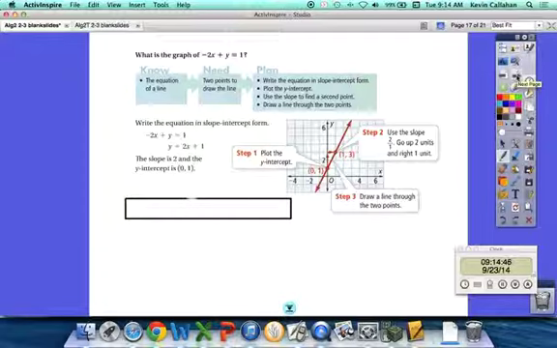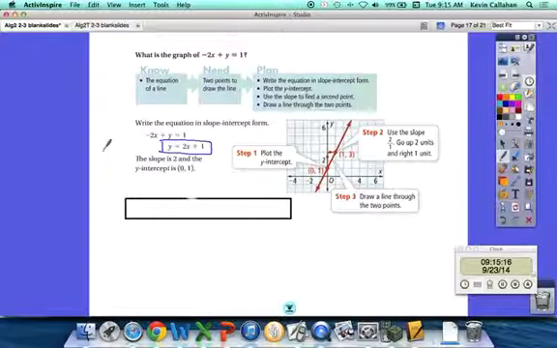And then the last, using slope-intercept form to graph a line. First of all, if it's not in slope-intercept form, you've got to put it in slope-intercept form. Again, how do you put it in slope-intercept form? Solve for y. So this -2x plus y equals 1, they added 2x to both sides, and it was in slope-intercept form.